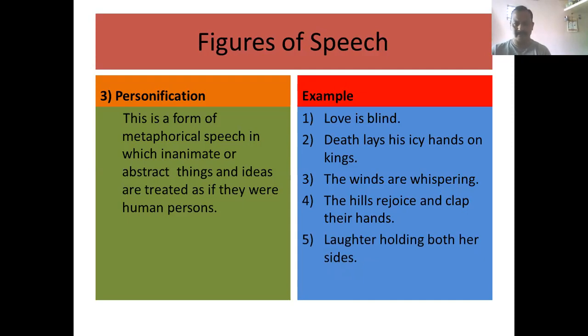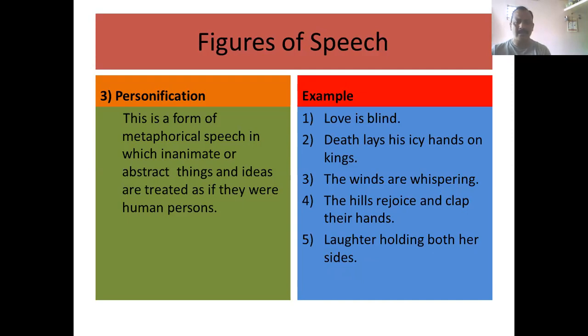Then the last example of personification is there, laughter holding both her sides. Laughter is an abstract thing. How can laughter hold both of her sides? It is impossible. But the poet gives it, because only a person can hold both sides. Like this, laughter is given the human quality of holding both her sides.